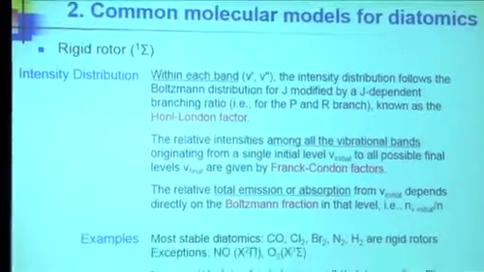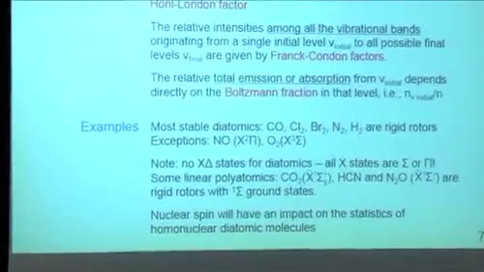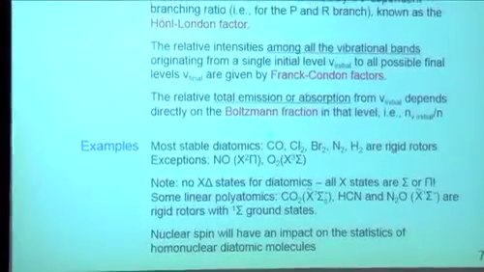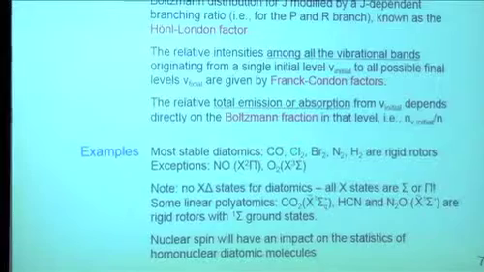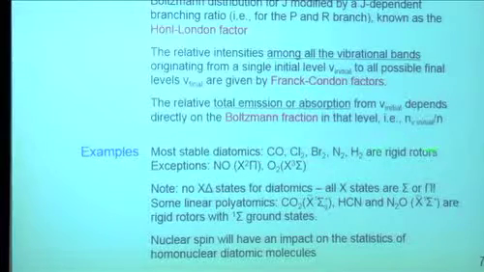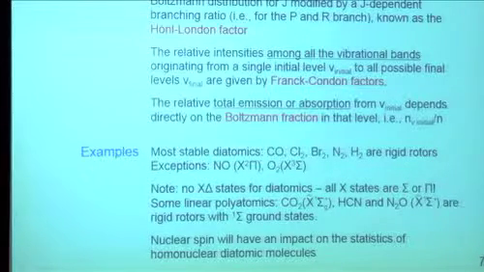Now, if we look at a lot of different diatomic molecules, that's what we're doing right now. The ground state of the diatomic molecules, CO, chlorine, bromine, nitrogen, hydrogen, they are all rigid rotors. What does that mean? They're all 1 sigma in the ground state. And remember, we have sigma, pi, delta. So the pi means that that lambda value is 1.